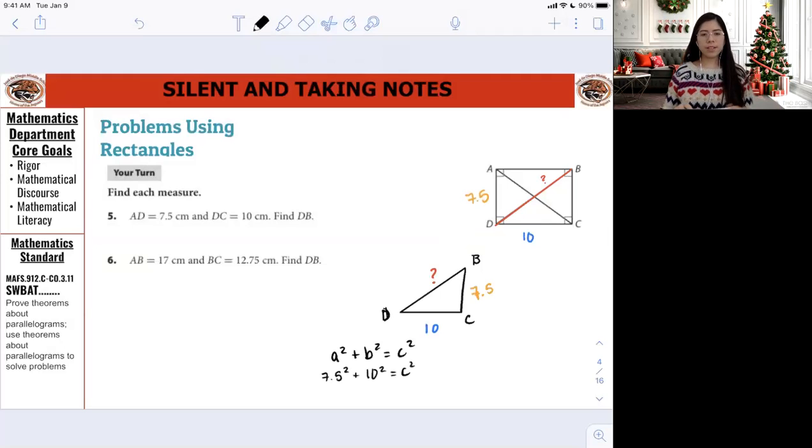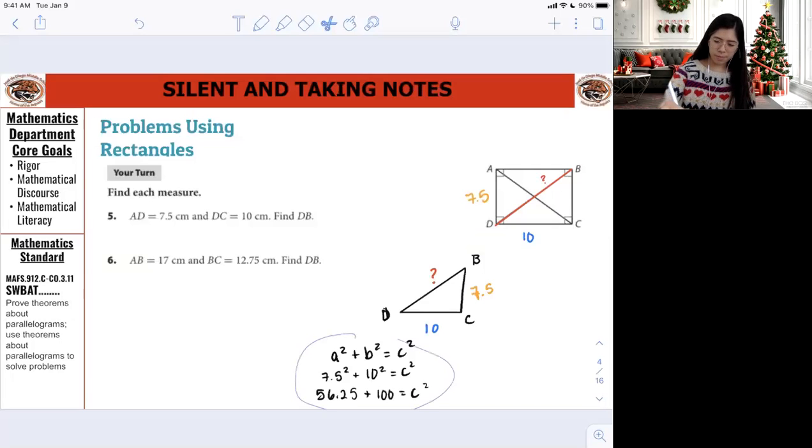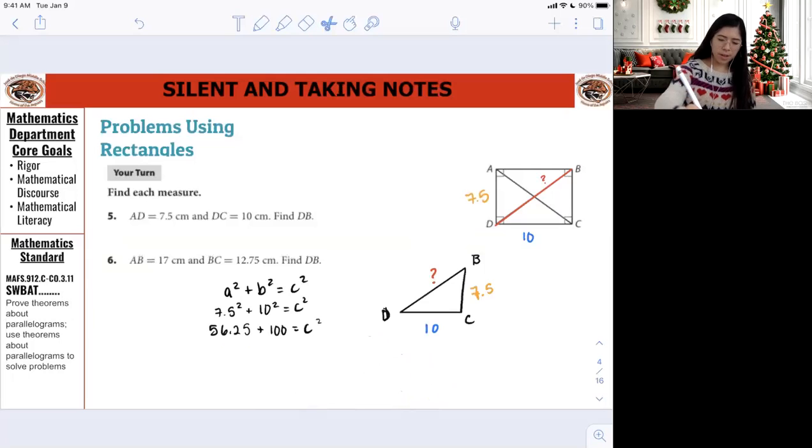All right, and let's do some math. What is 7.5 squared? 56.25. And 10 squared? 100. Let me move this over so I have room. Okay.